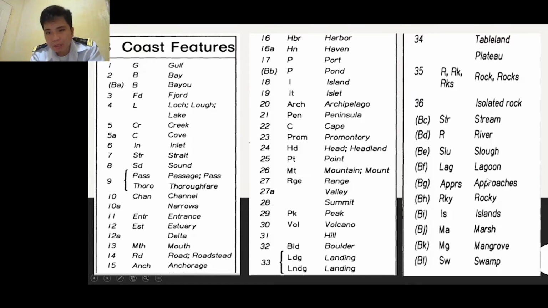I think this is mostly used in pilotage areas or when a vessel is going to the berth already, so approaches. Rocky, RKY, IS Islands, MA Marsh, MG Mangrove, and SW Swamp.